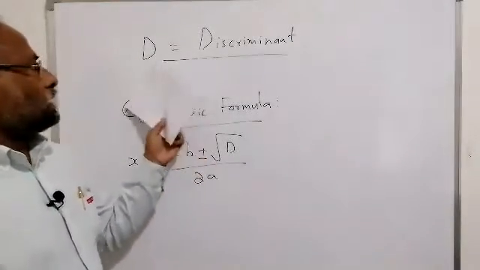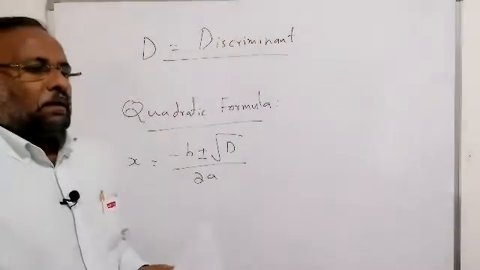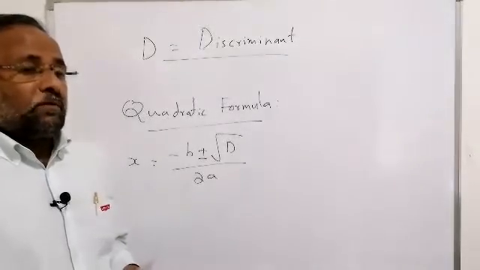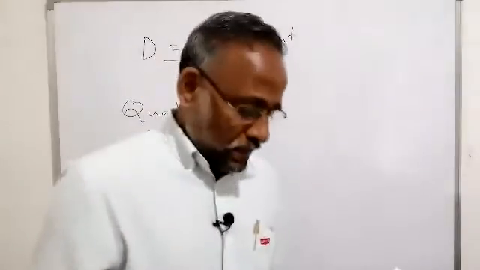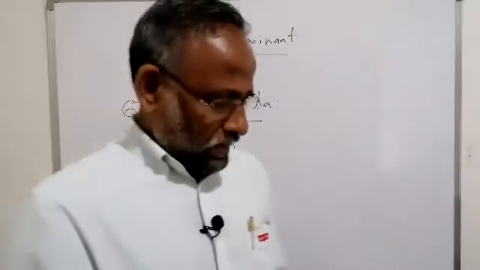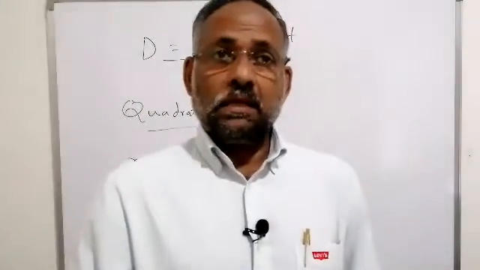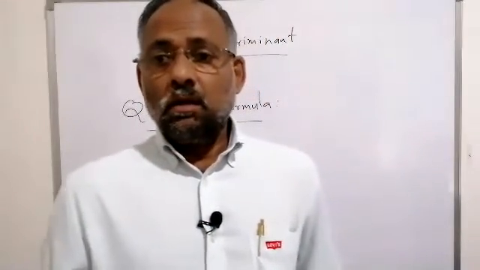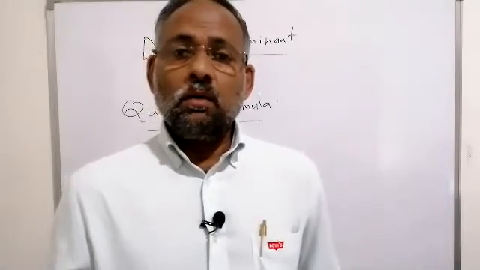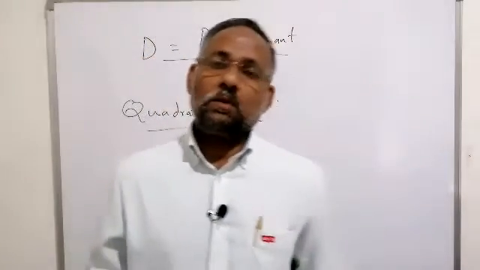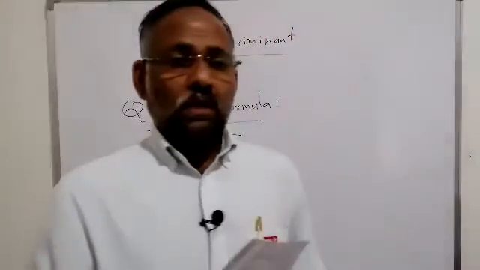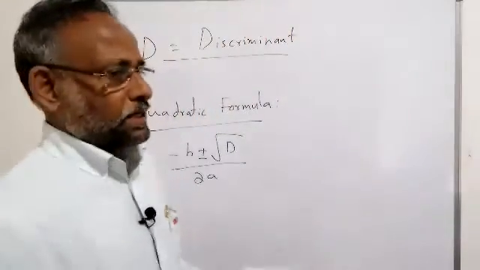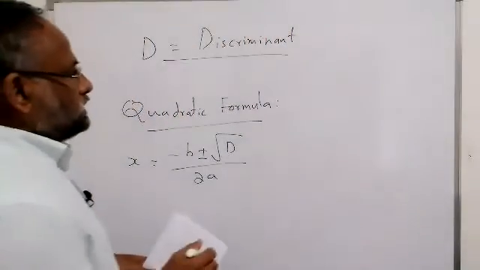I will tell you what the discriminant is. It is very important. The discriminant decides whether the quadratic equation has real roots, equal roots, or exactly two roots. Three conditions are there. But before that, we have to understand what this D is.